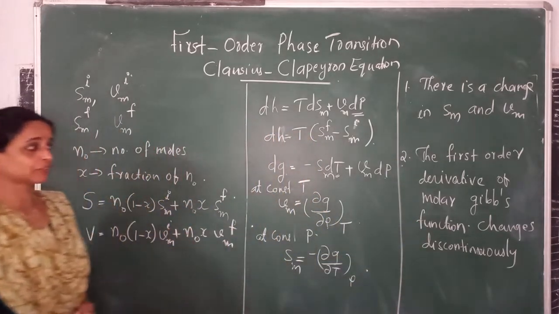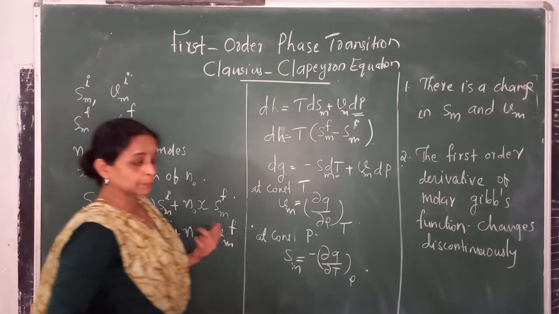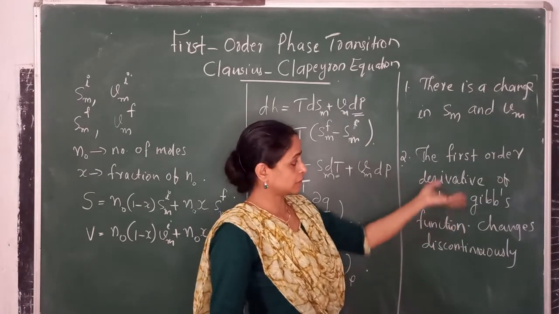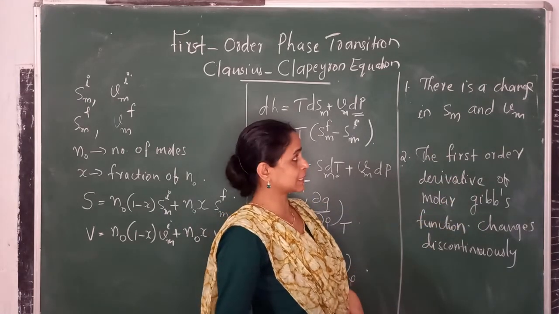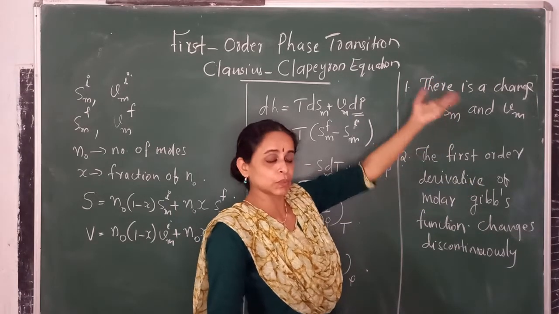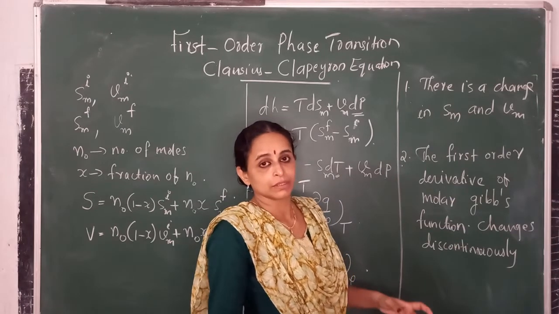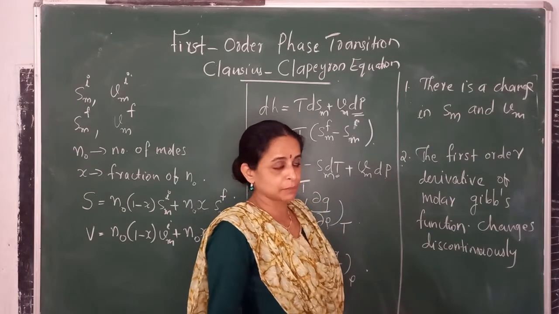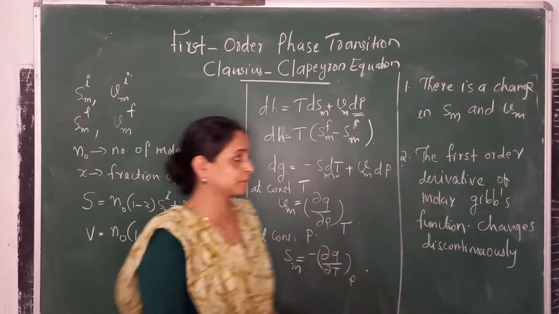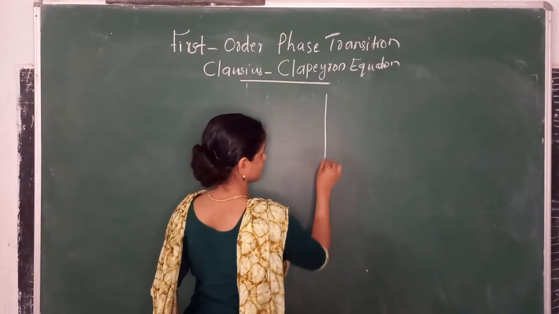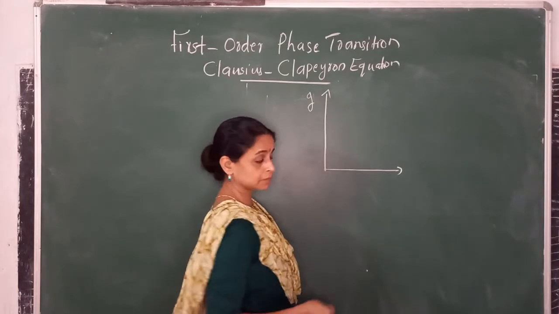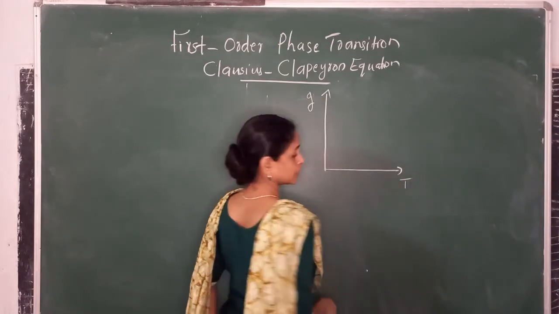So we can draw different graphs for the dependency of this Gibbs function. We can draw the Gibbs energy for a phase transition, the first order derivatives of the Gibbs function, and also the graph for the specific heat capacity at constant pressure. These four plots we can draw for a particular phase transition. The first graph is G, the molar Gibbs function, with temperature.